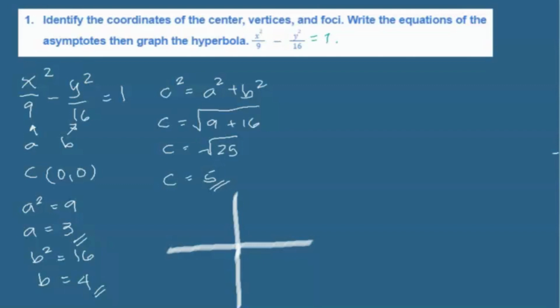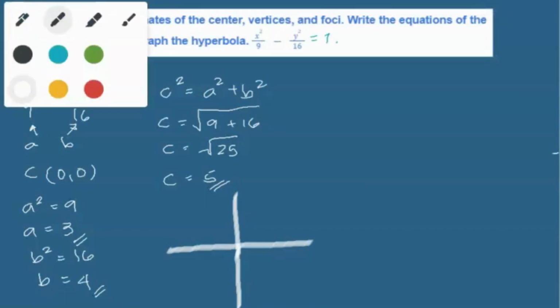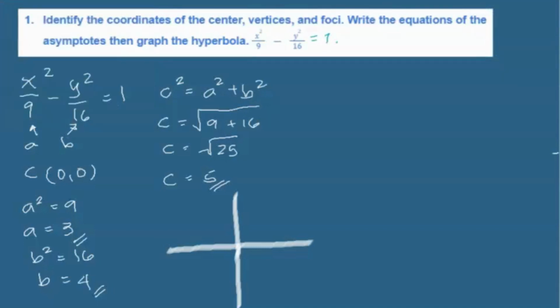And also, since we're given x squared as positive, the hyperbola is a horizontal hyperbola that opens left and right. Okay, so let's graph our center. The center is at the origin, and a is the distance from the center to the vertices.